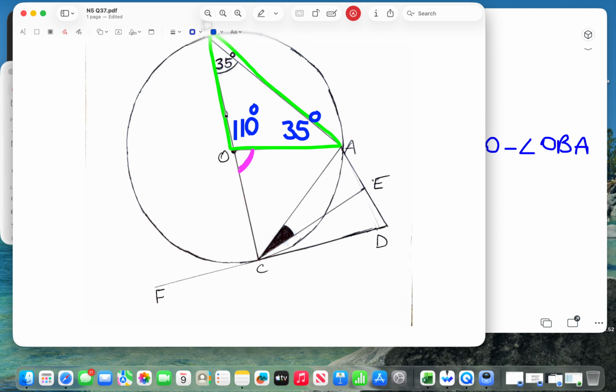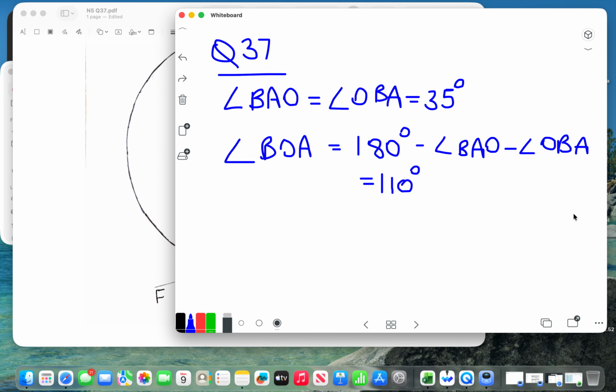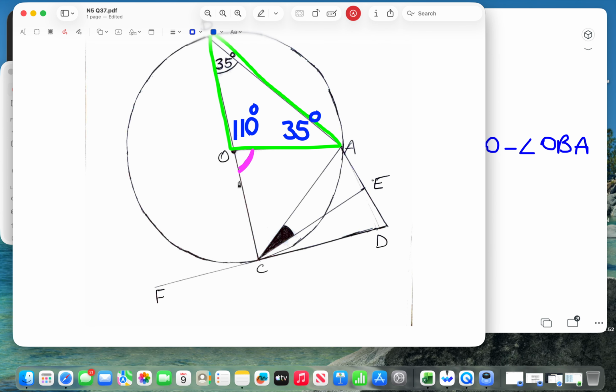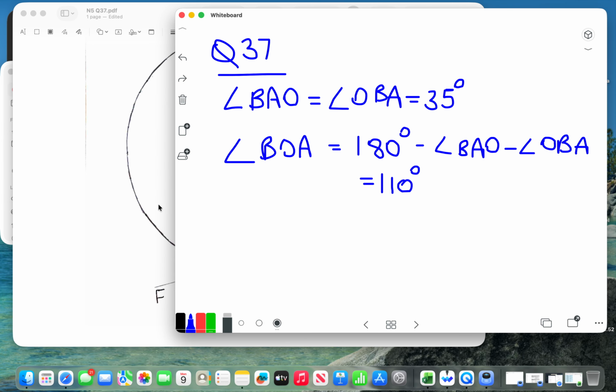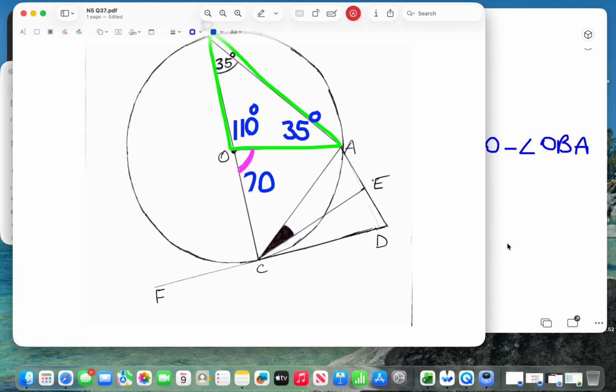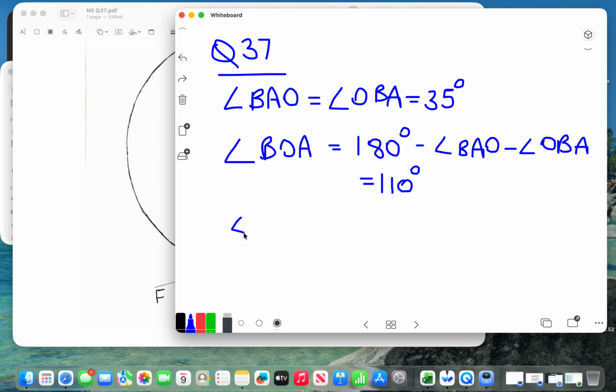And we know this angle BOA is 110. So this angle is going to be 70. And that is AOC. So angle AOC is 180 minus angle BOA.